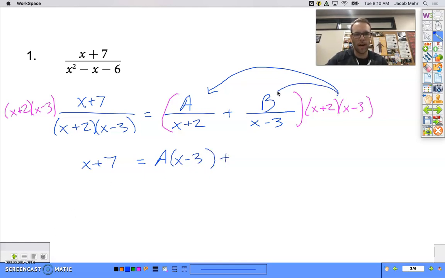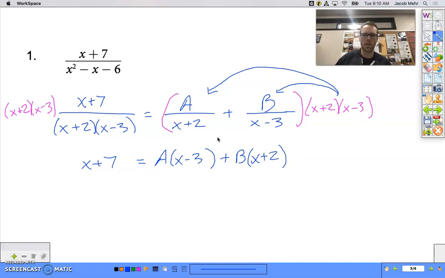Plus, now distribute it into this term, B over x minus 3 times x plus 2, x minus 3. Notice the x minus 3's cancel, leaving us with B times x plus 2.